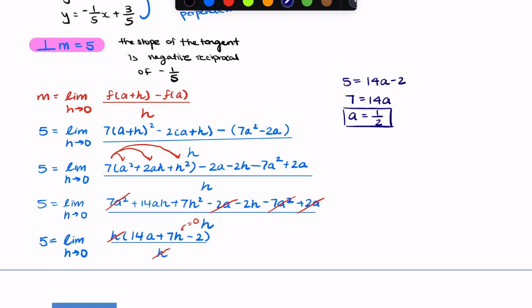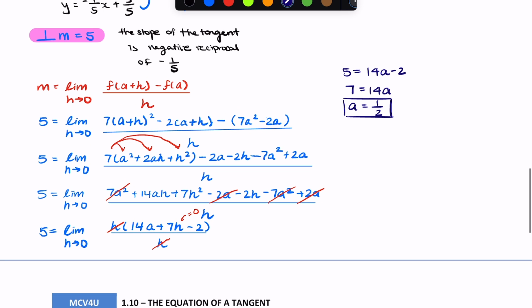We can sub that back into our equation to find the corresponding y value in this equation, or f of 1 over 2. So here, let me just write what we did here. So we use the limit formula to solve for the a value.